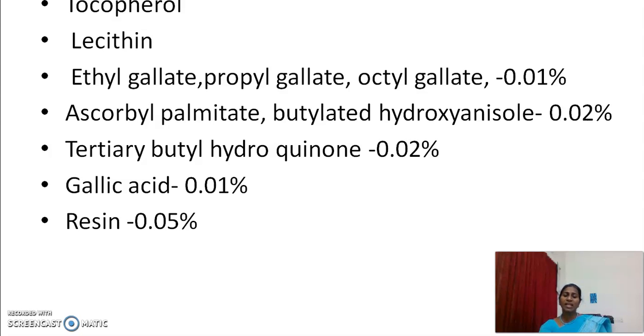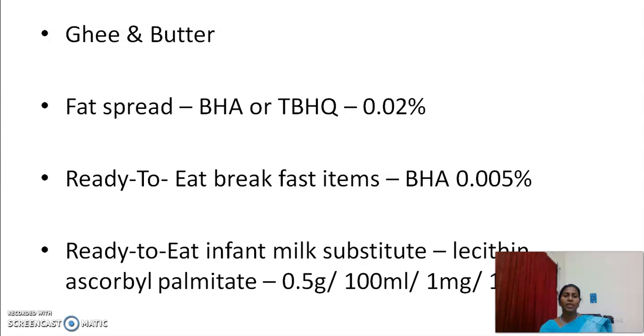Very commonly used antioxidants are butylated hydroxyanisole and tertiary butyl hydroquinone. In short, they are called BHA and TBHQ. These are very commonly added in processed food products where oil is used to a larger extent. Now, these are few examples of food products where these antioxidants are added.